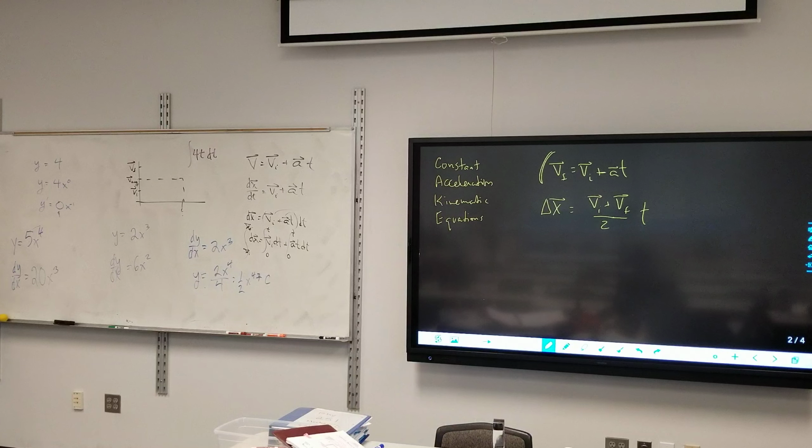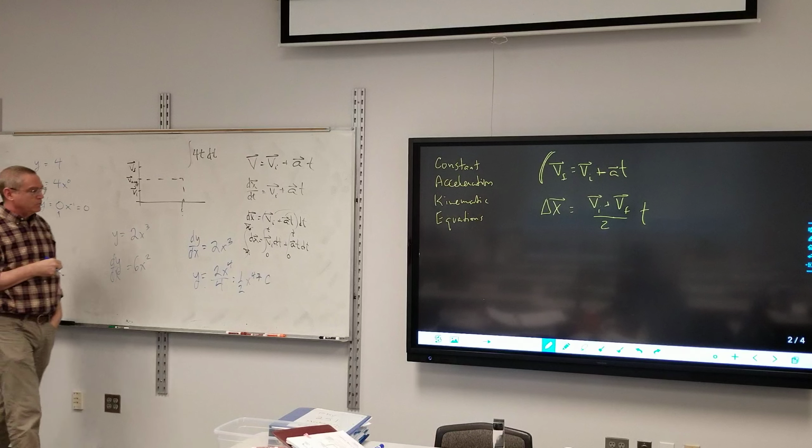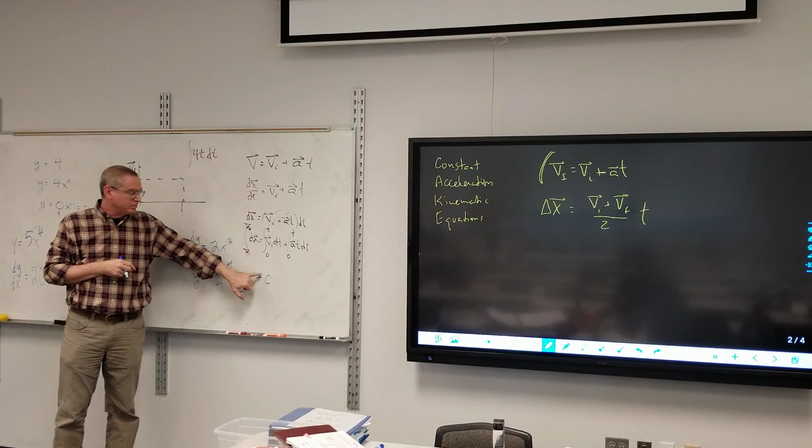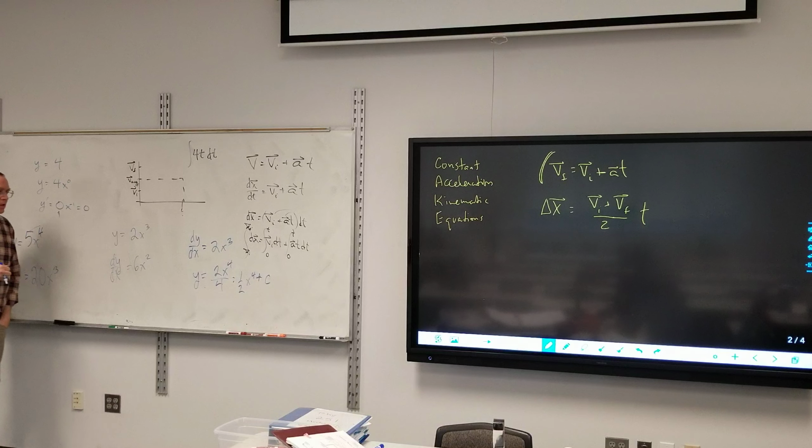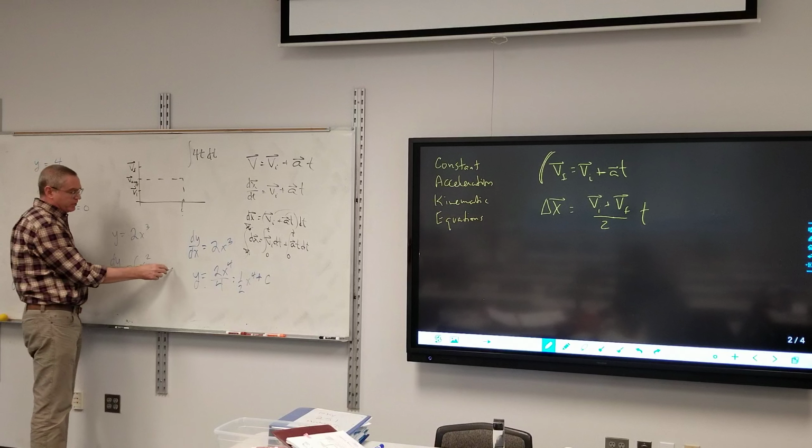I mean, multiplying times 0 here, so equals 0. So the derivative of a constant is 0. Another way of looking at it, since a derivative is a slope, a constant function is horizontal, and the slope of a horizontal line is 0. So that's where the plus c comes from. This is known as an indefinite integral.